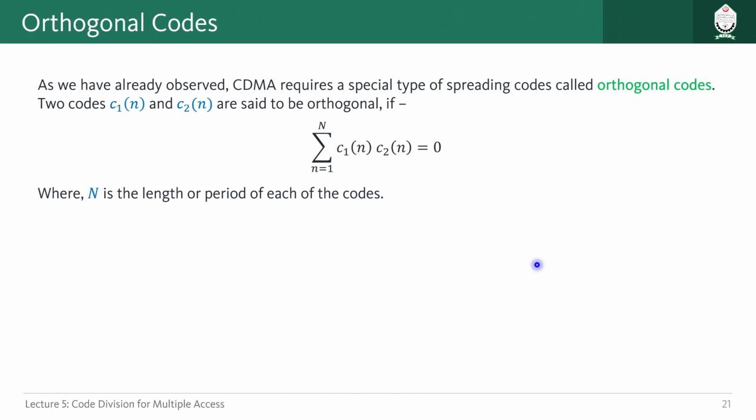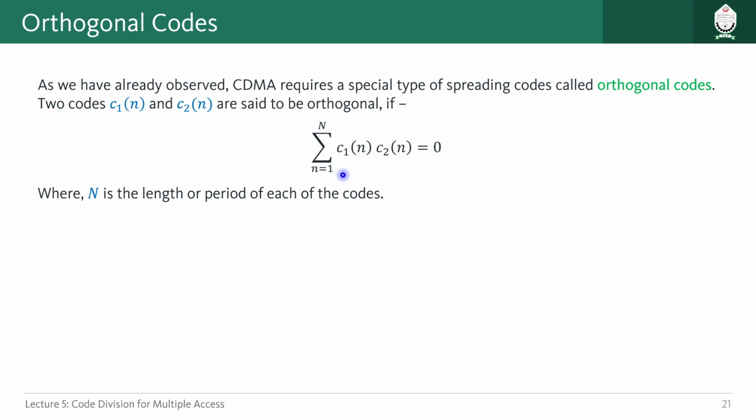Okay, now let us discuss the orthogonal codes which are used in CDMA, how they are generated, how they are used, these kinds of things. Now let us take two codes, C1 of n and C2 of n, which are said to be orthogonal. This will be true if this particular expression results in a value of 0, that is, taking the product of C1 of n and C2 of n and then summing that over the duration of their period.